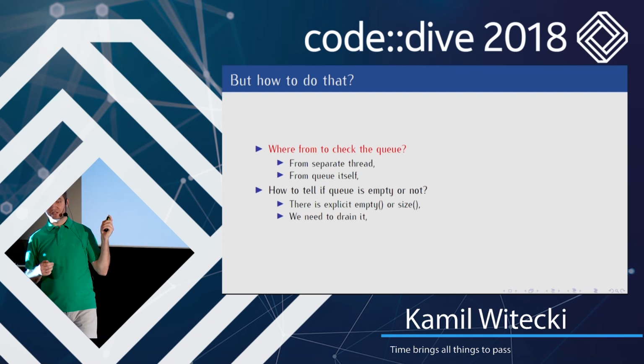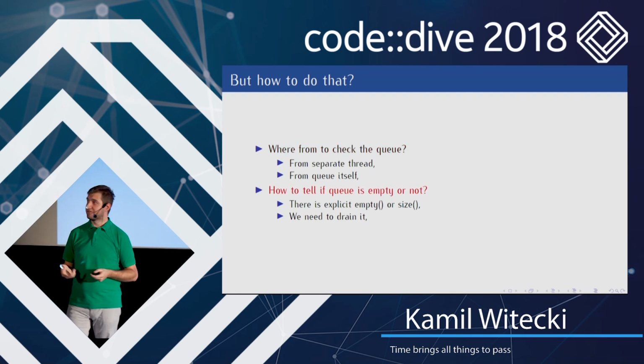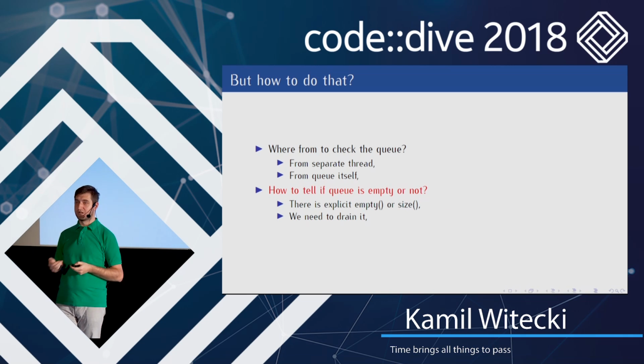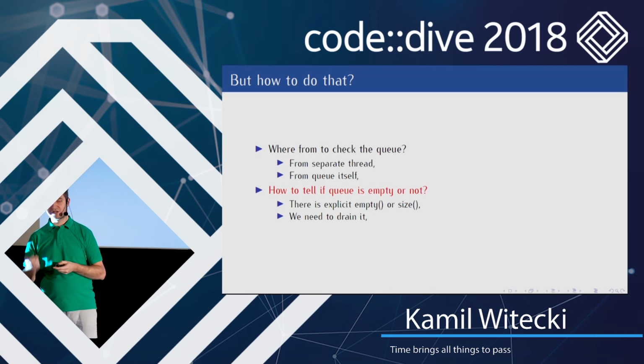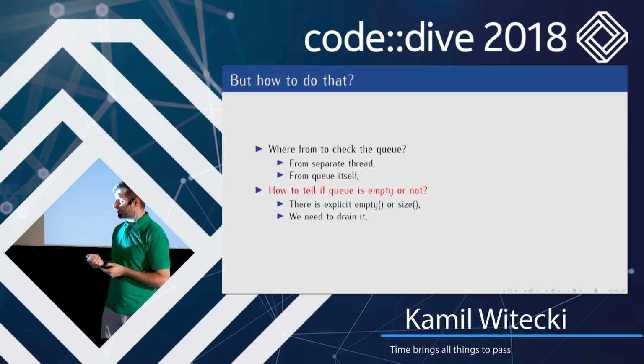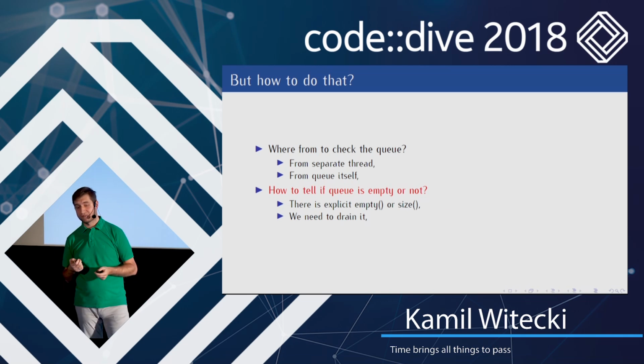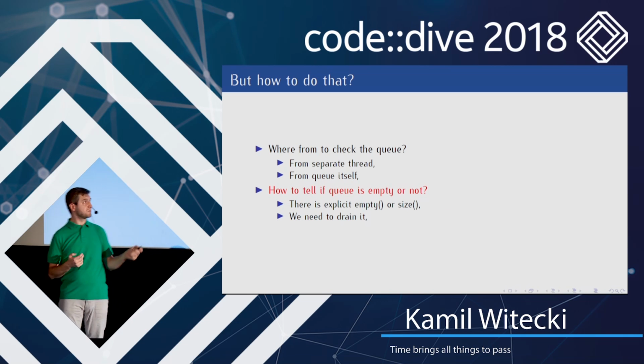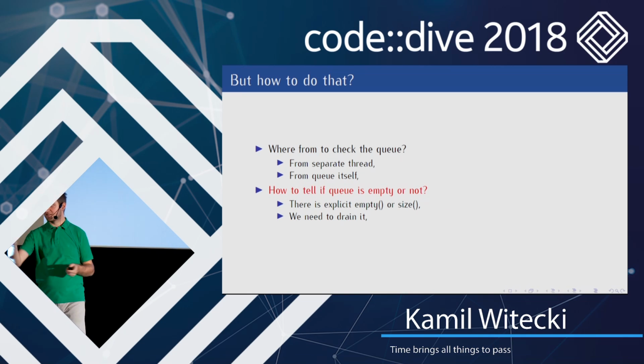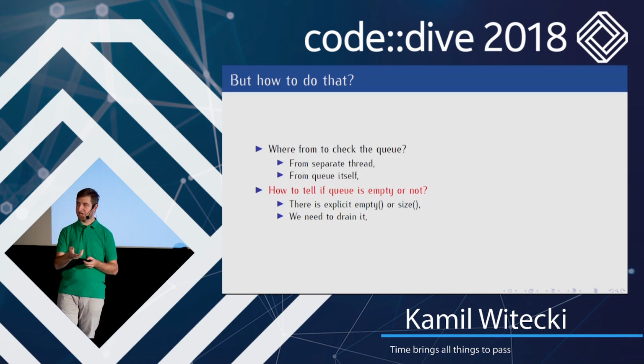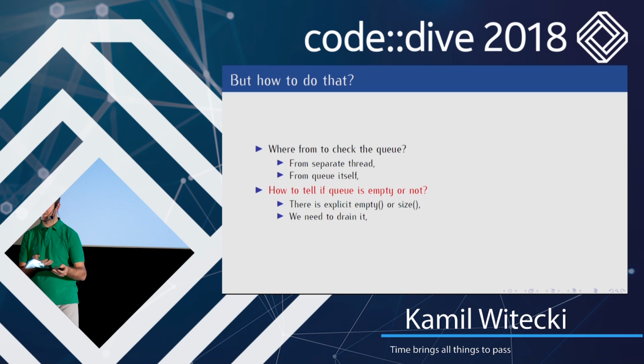And another important question is how to tell if the queue is already empty. How to tell if it got drained. Some implementations will provide you with a function that will simply tell you that. So you can just ask, is it empty, or what's its size? But what to do when you have no chance of simply interrogating the loop, interrogating the queue?